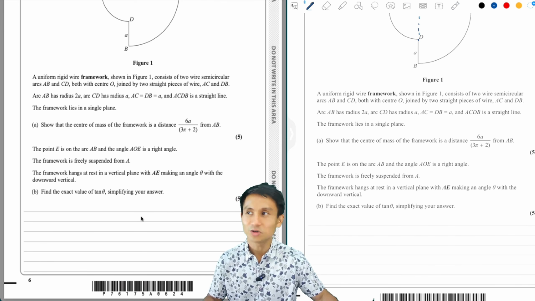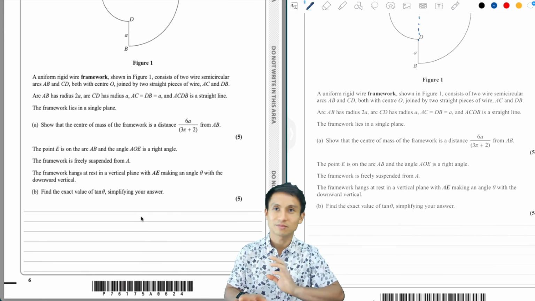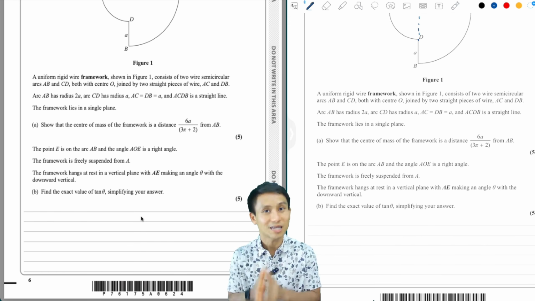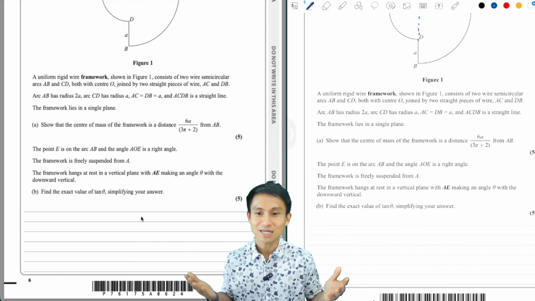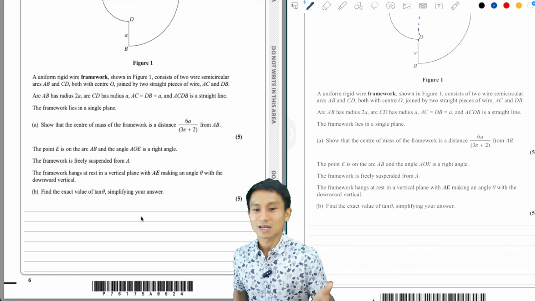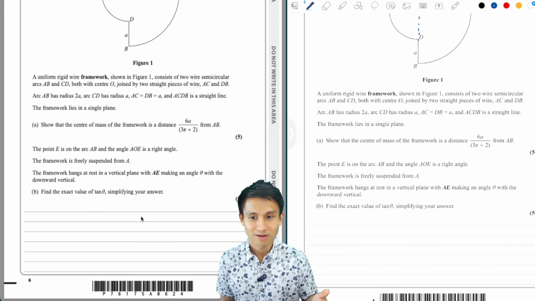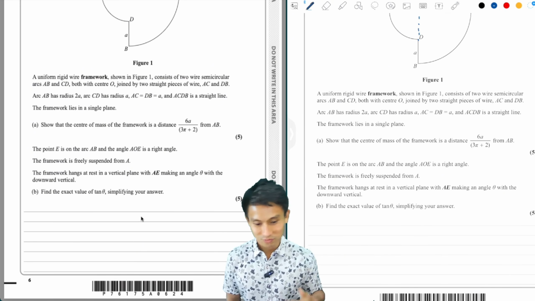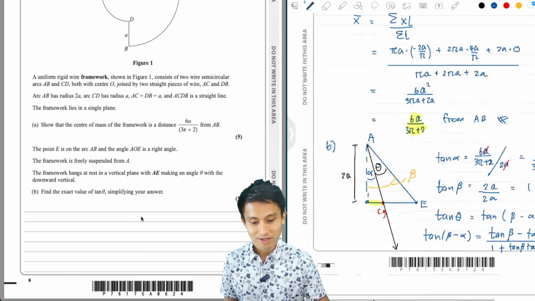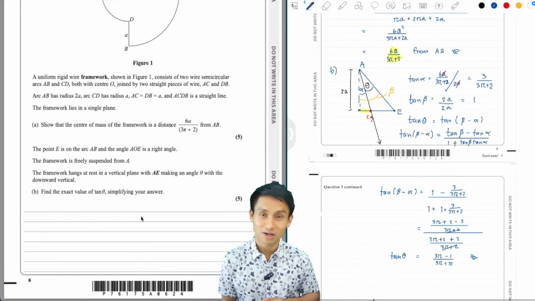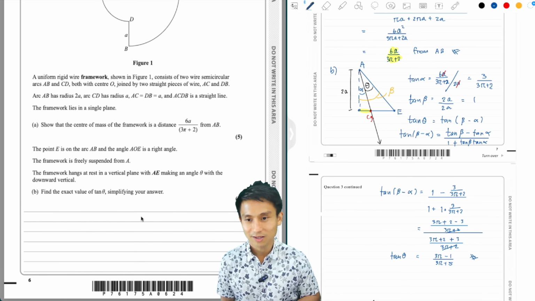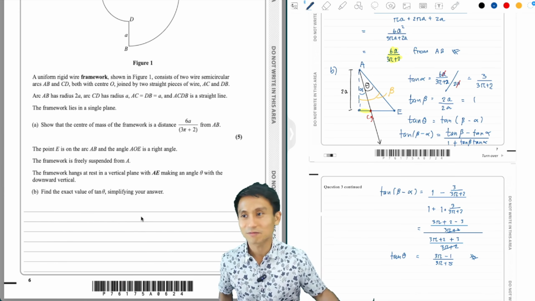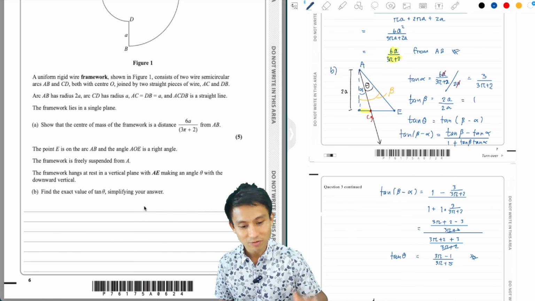And usually you could try to use sine or cosine rule, but in this case it asks you to solve for tan theta and not theta. If it did ask for theta, I don't think it would have asked for an exact value. Because it specifically asked for tan theta, it wants an exact value, and we can only do that by using the addition formula for tan A minus B. And in other questions, it might ask for cos or sine. You just have to know, right? You just have to get experience on this.